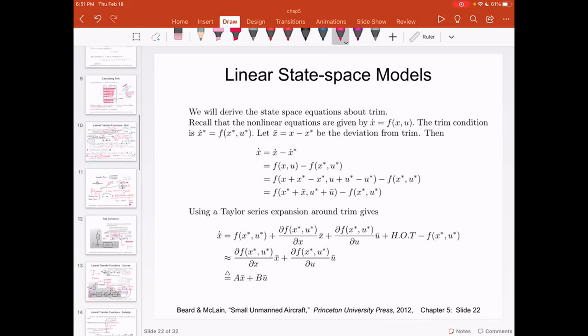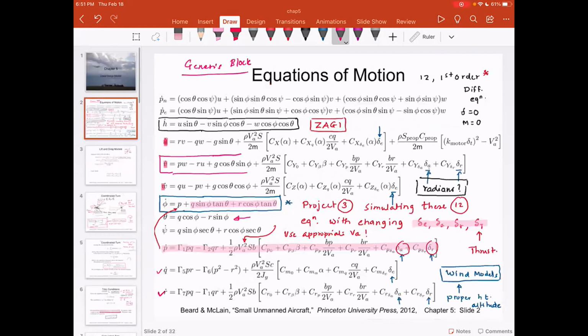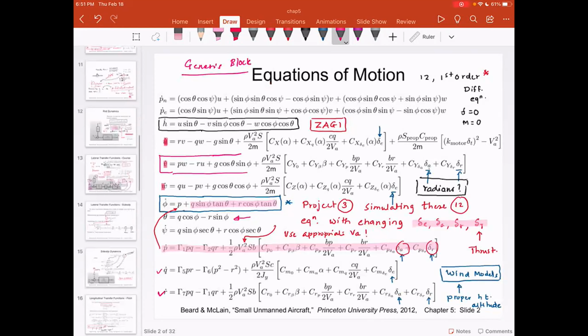Please notice these equations are first order state space equations where there are 12 states, and I have 12 first order equations. The only problem is that these equations are super complicated and non-linear. So what I'm going to do is take these equations and linearize them. Let me tell you what this linearization means.